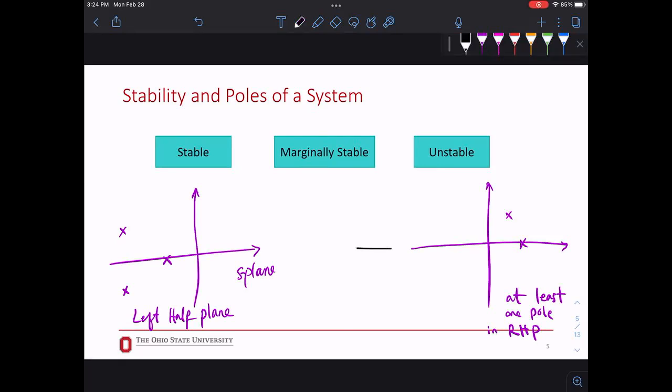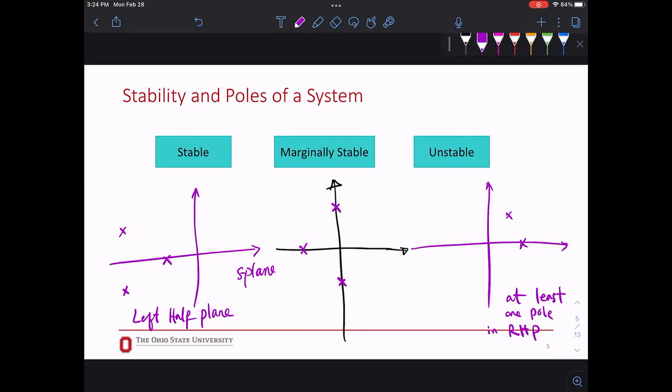And we have the case of marginally stable. If poles of the system are on the imaginary axis, we are marginally stable. Why? Because any disturbance, anything from the environment, any noise might shift the system slightly to the right side. That's why this is very marginal. So if you happen to be on this imaginary axis, it's not unstable, but it's also not stable.